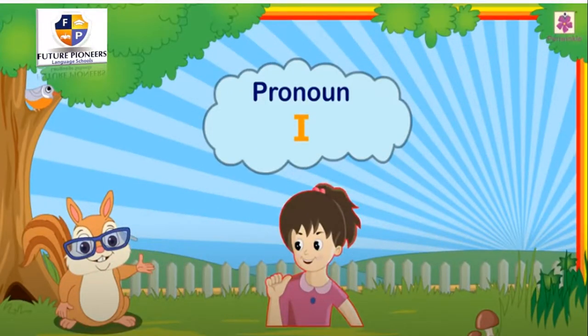We use it when we are talking about ourselves. When you want to talk about yourself, you will say, I want a pizza, for example. Remember that whenever you're writing the pronoun I, you have to make it a capital letter.